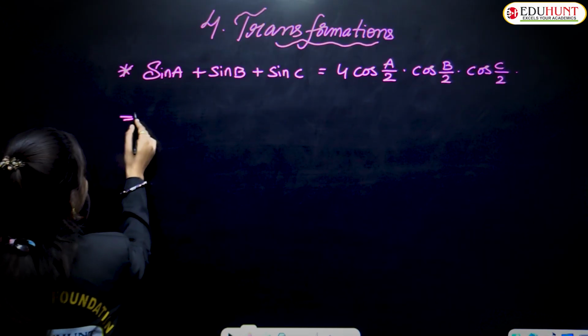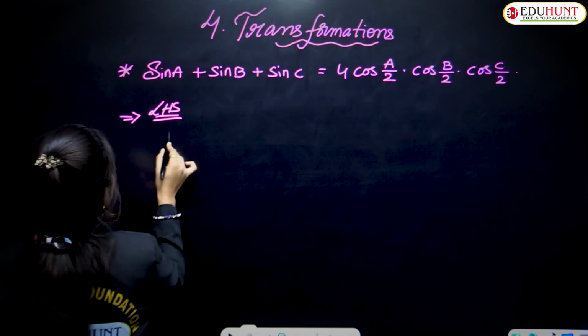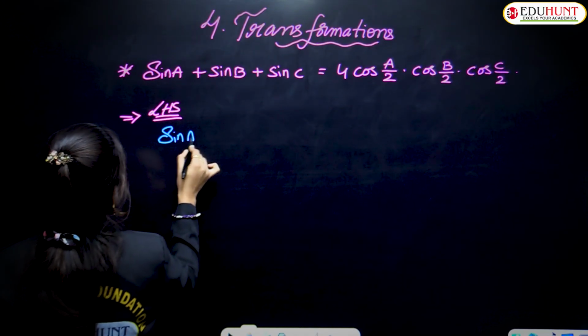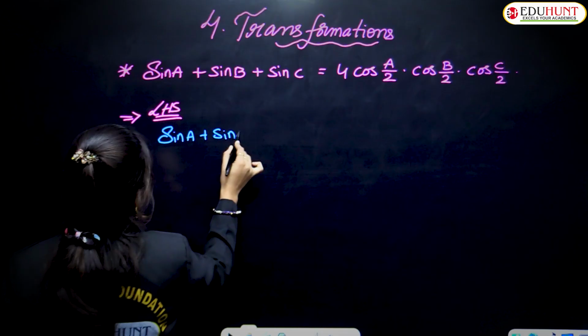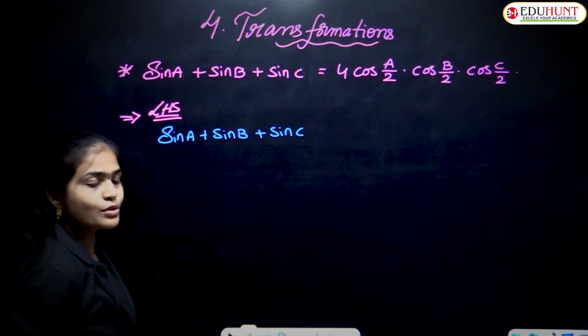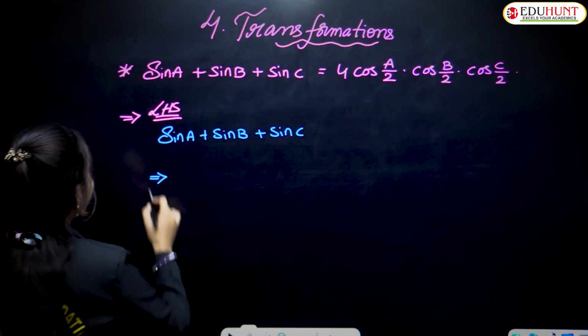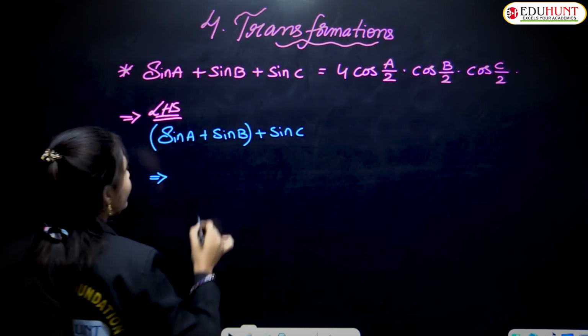So from this, take the LHS. In that LHS, what is there? Sin A plus sin B plus sin C. So sin A plus sin B, how can we write that?